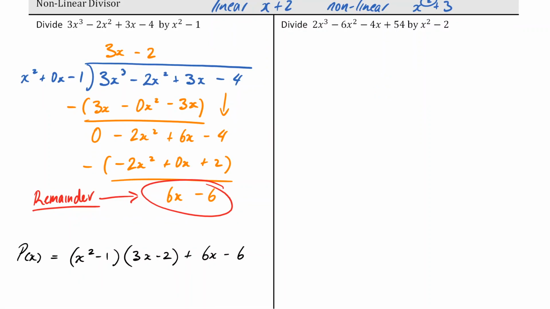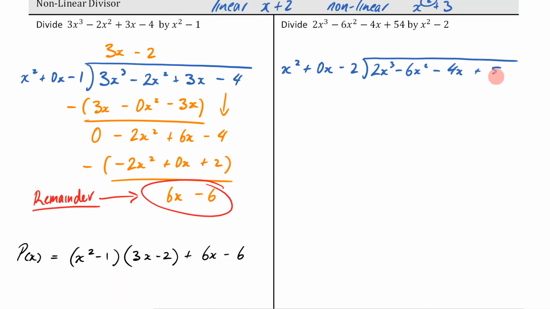So I'll come here, grab this. So I've got x squared. Now I've got no x's, minus 2. Then I'm going to divide 2x cubed minus 6x squared minus 4x plus 54. Okay, let's see how we go here. So x times what is 2x cubed? It's going to be 2x.